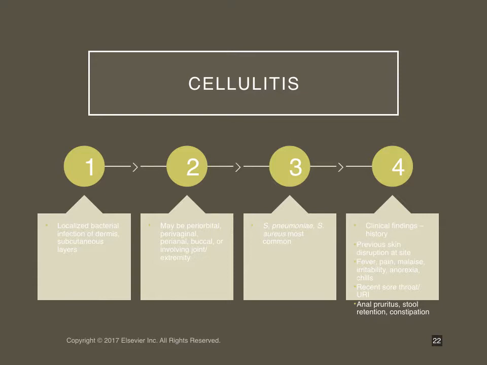Usually clinically, there's been a history of a previous skin disruption at the site. It could have been an insect bite or a wound from a fall or a scrape. The area becomes more red, more painful, indurated, very warm.